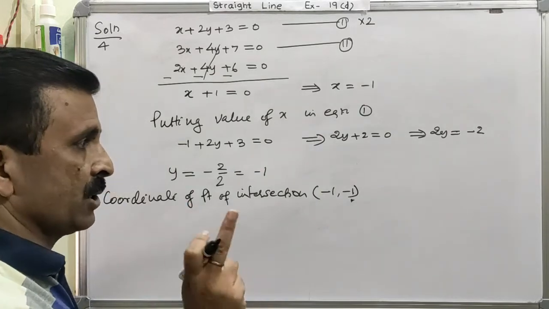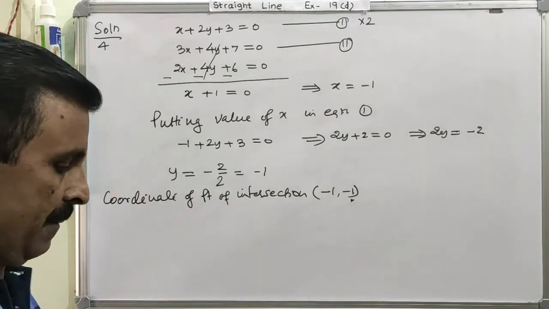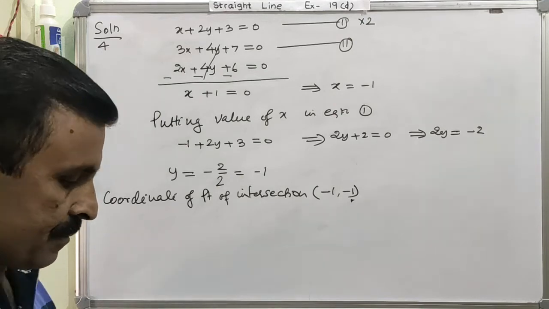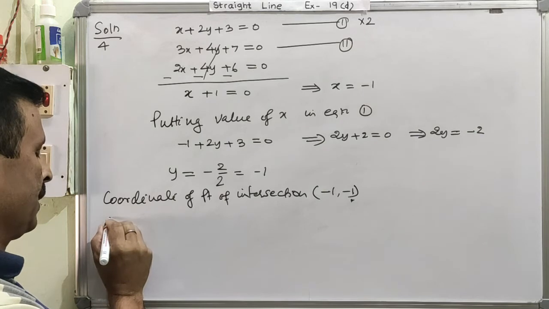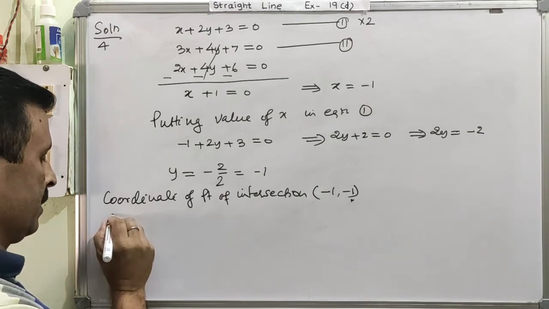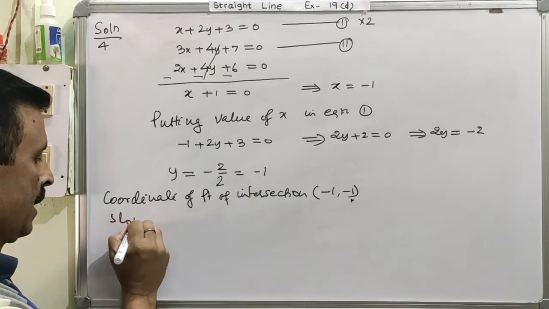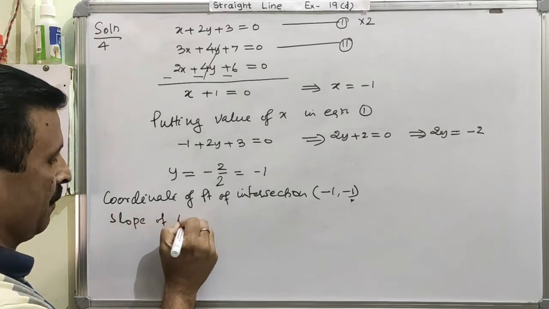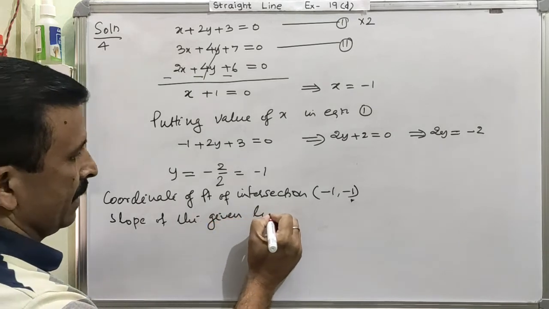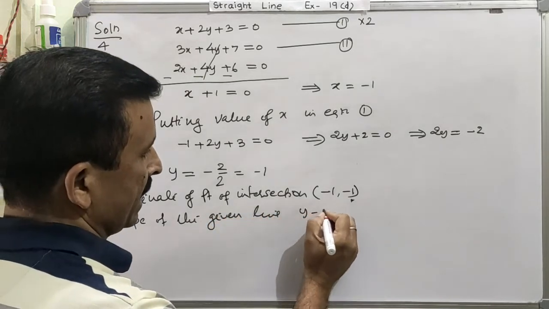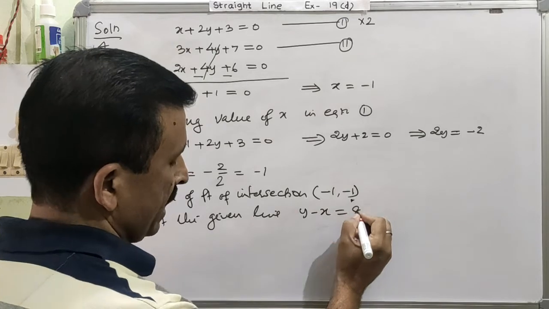Second thing is your line is parallel to the third line, and that third line is y minus x is equal to 8.